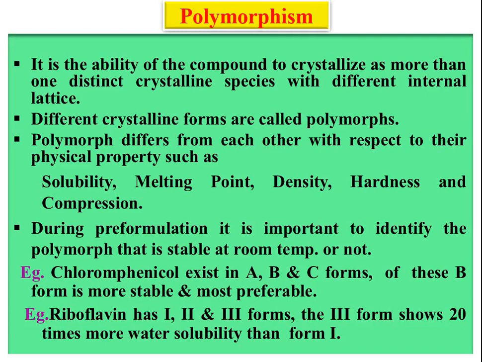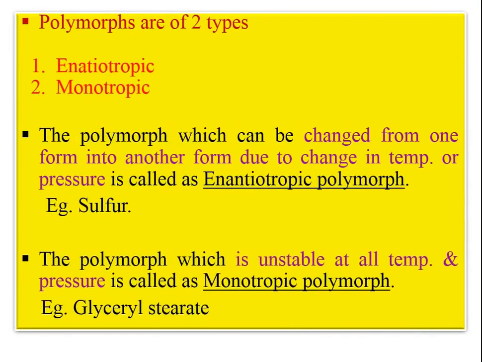Another case is riboflavin, which exists in three forms, and its third form shows 20 times more water solubility than the first form. So these are examples of polymorphs. Now the polymorphs are again of two types: enantiotropic as well as monotropic. So what is meant by enantiotropic polymorphs and monotropic polymorphs?